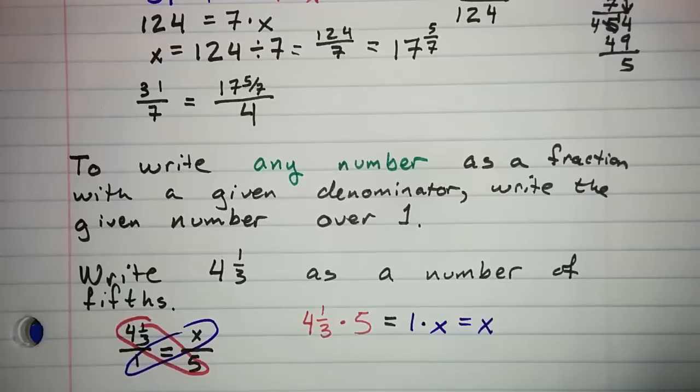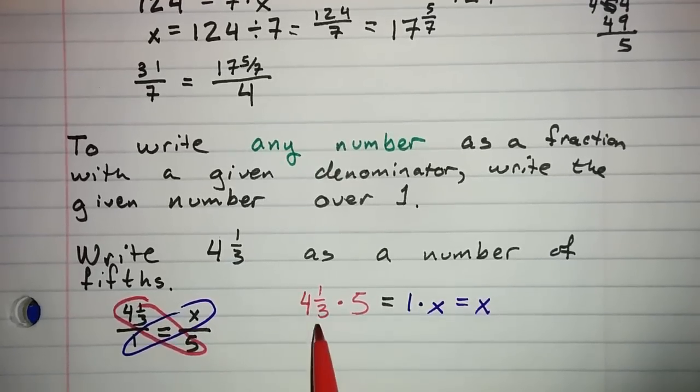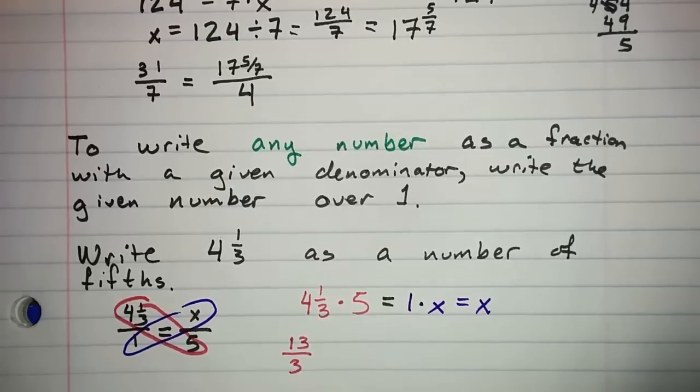So 4 1/3 times 5. I think I need to write 4 1/3 as an improper fraction, right? So 3 times 4 is 12, plus 1 is 13. And it's always going to be a number of thirds. And 5 I'll write as 5 wholes.